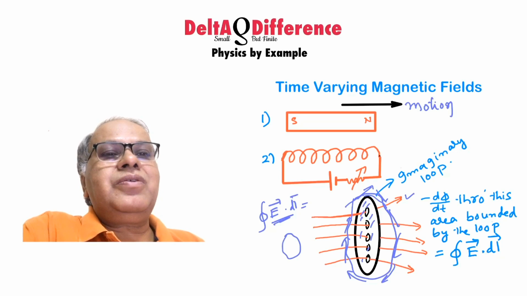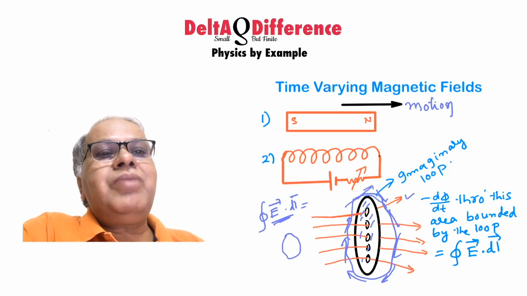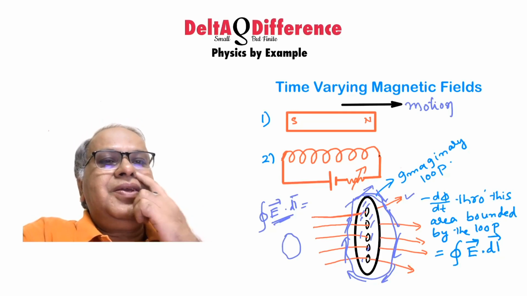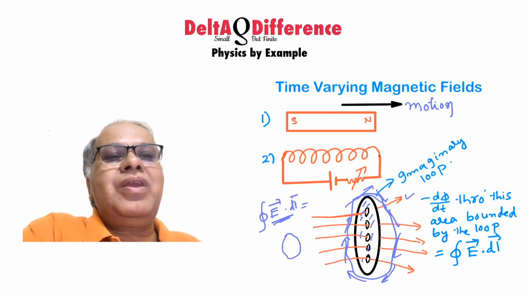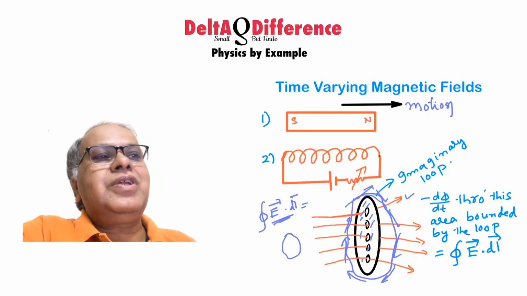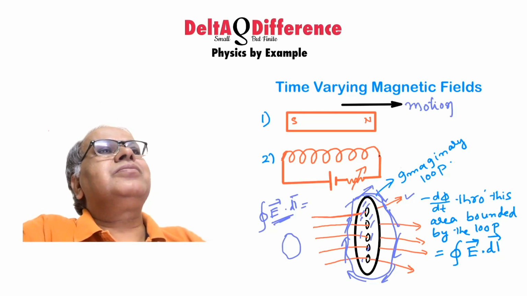Experimentally, it is equal to the negative rate of change of flux through the area bounded by our imaginary loop. So that's how we beautifully connected his experimental result of minus d phi by dt to the theoretically predicted non-conservative electric fields formed as a result of the time varying magnetic fields.